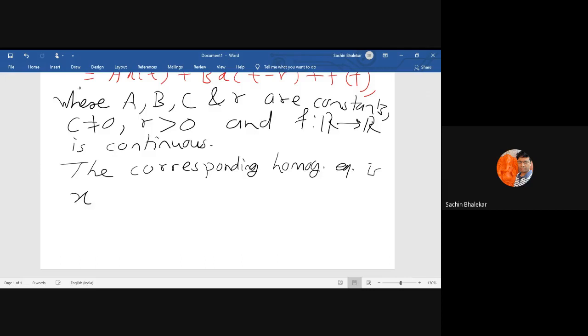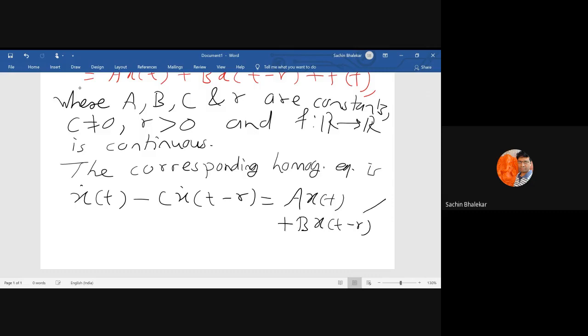So our equation becomes x dot of t minus c times x dot of t minus r equal to a x of t plus b x of t minus r. Now let us see the first result, which is about existence and uniqueness of solution.